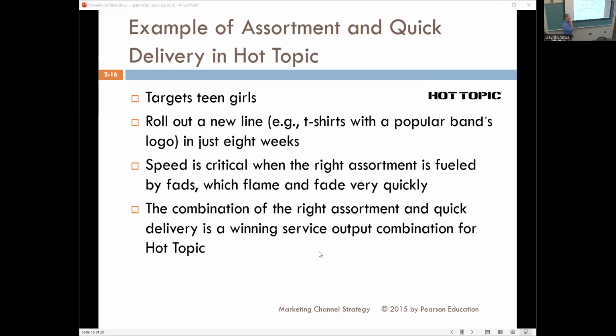It's been like one of those marketing questions about, will this work, or is there a model to make this possible? And Hot Topic has found a way to do it, and they've done it quite well. So this is kind of an example of assortment and delivery times and how they work together and work successfully for them.